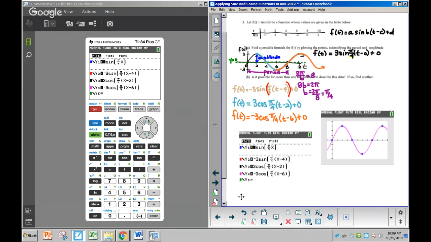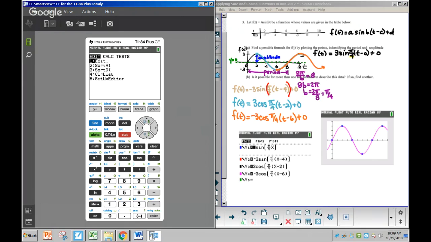That's pretty cool, huh? All right, so the one other thing I want to show you is the regression model. You can do these on the calculator, but we're going to do ours by hand and then see if our models fit accurately. So how would we do a regression model? We would use our statistics to calculate.